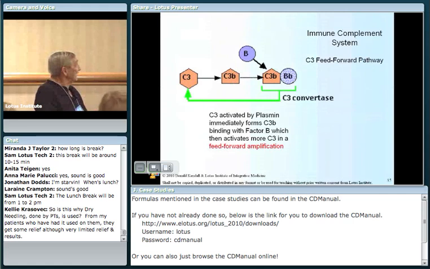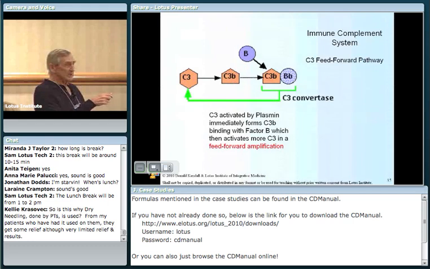Then C5, 6, 7, 8, and 9 lyse this bad guy here, and it's done. So everything's back to normal. What we're doing with needling is triggering this level.